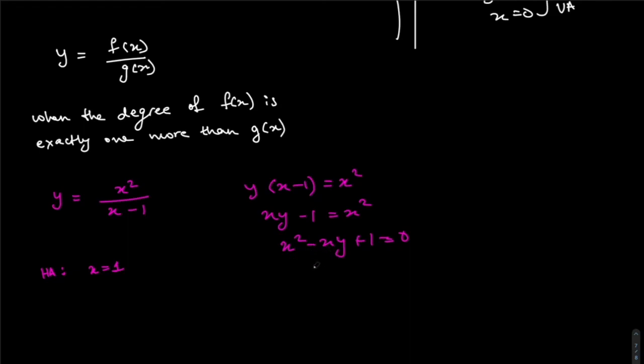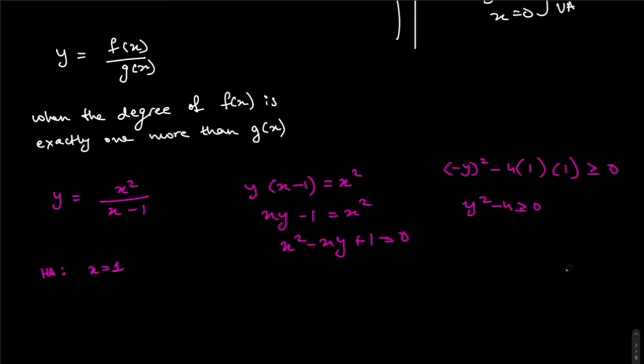So what I can do is use the previous method. I'm going to find the discriminant, so b squared minus 4ac. b is minus y, so y squared minus 4 times a is 1, c is 1, is greater than or equal to 0. So y squared minus 4 is greater than 0.